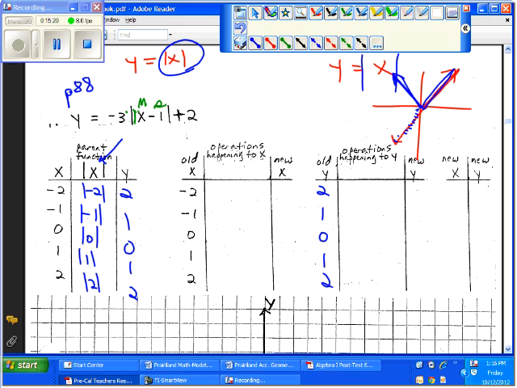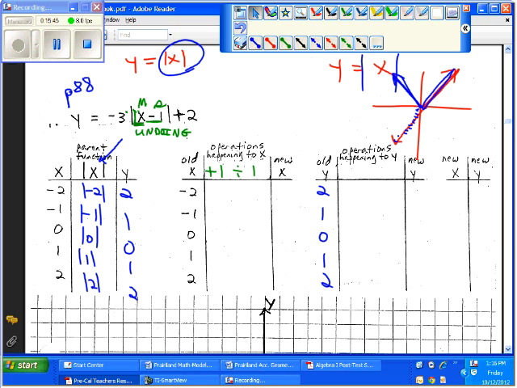And so I have multiplication and subtraction, and it's according to the rules of undoing. Which one would you undo first? Subtraction, so we're going to add 1. And then we would undo multiplication, so we would divide by negative 1. Everybody understand what we're doing to the x and y?